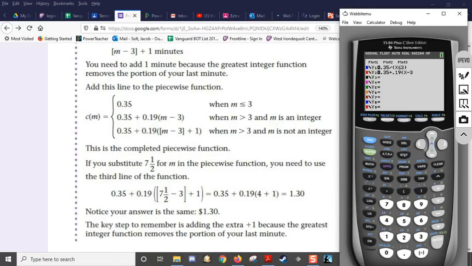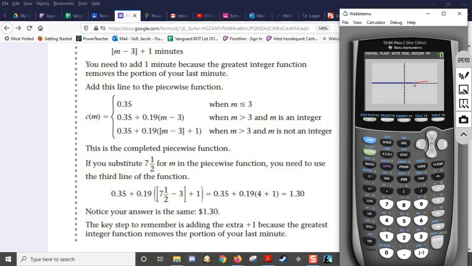Then again, I'm going to divide by, use my parentheses, and say that when x is greater than 3. So I go to second test, greater than 3. Let me graph that and see what that does.